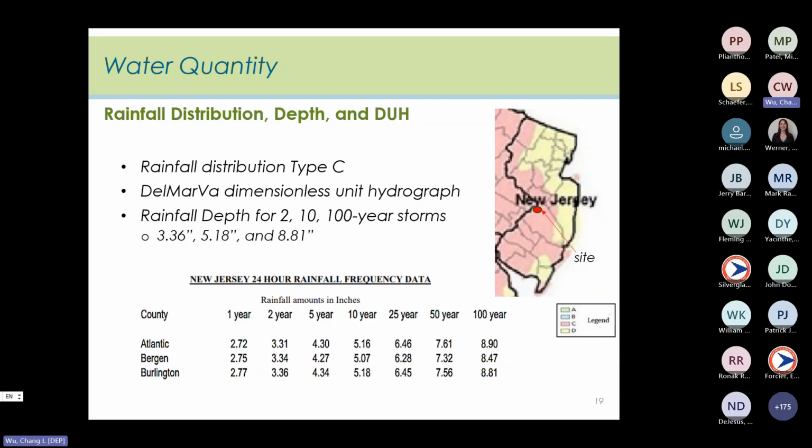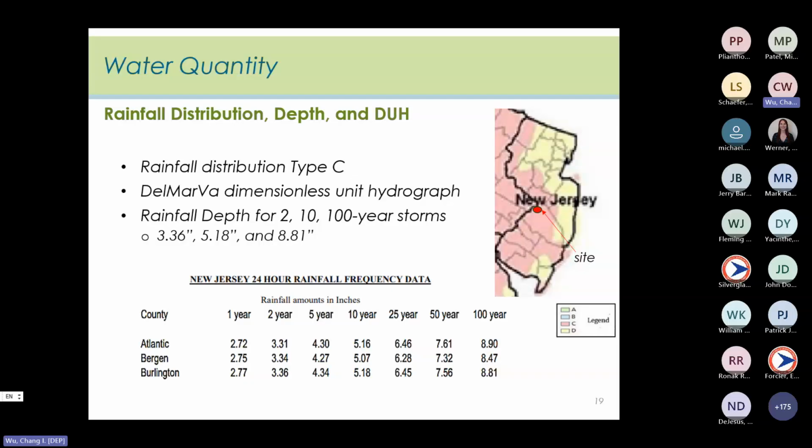Therefore, the rainfall distribution should be Type C, and the dimensionless unit hydrograph should be the Delmarva. The rainfall depths are the county average of 24-hour rainfall.